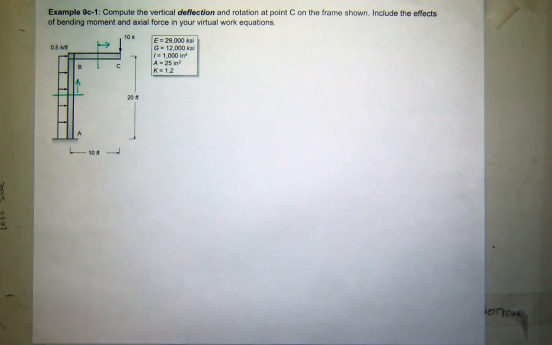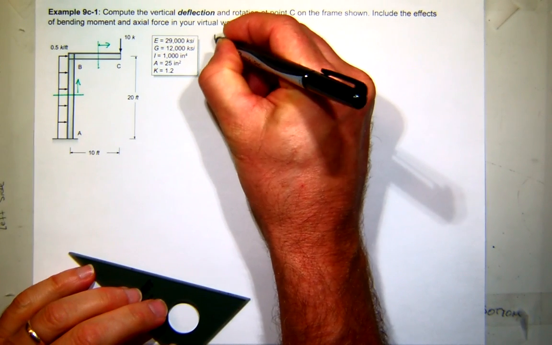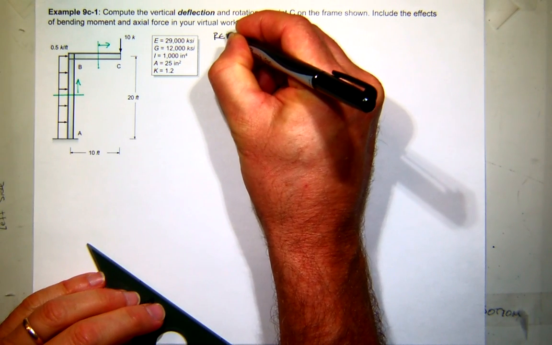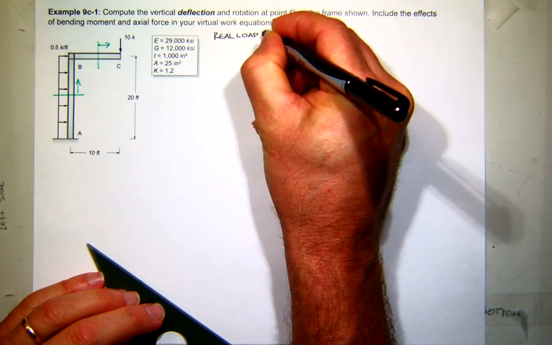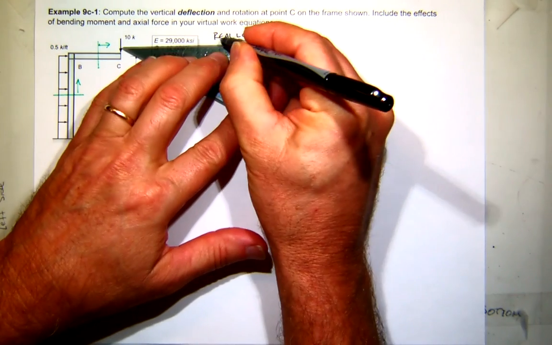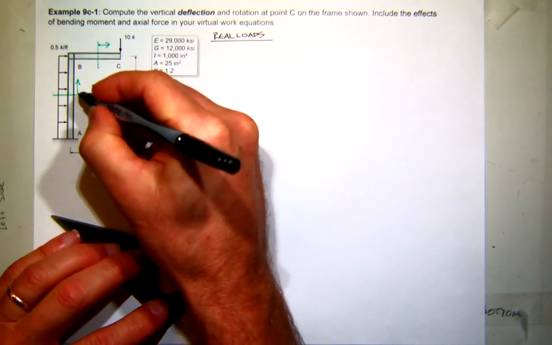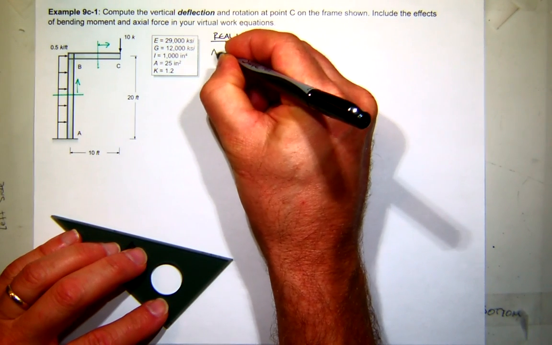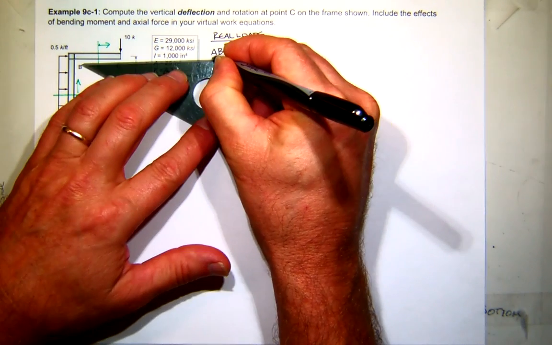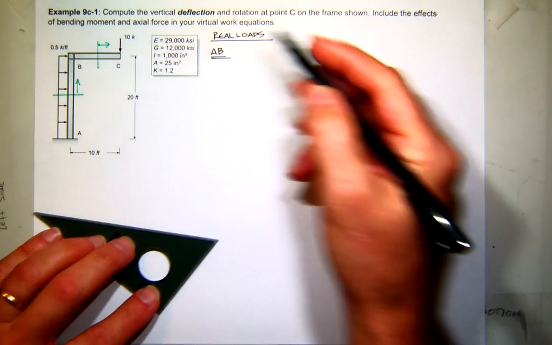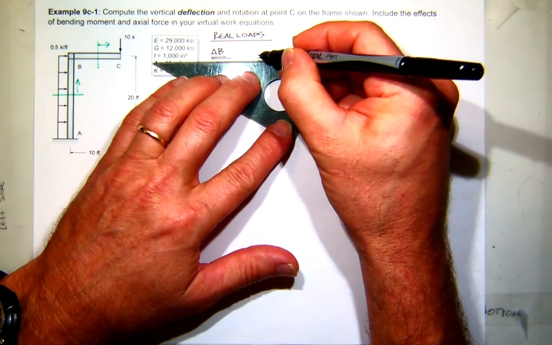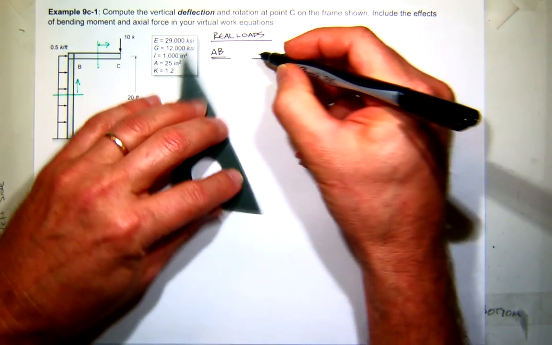So let's get started. I'll do the real loads first. Starting with that, I'm going to do this section AB. You can see I decided to use the top part of it, so I'll draw that in here.